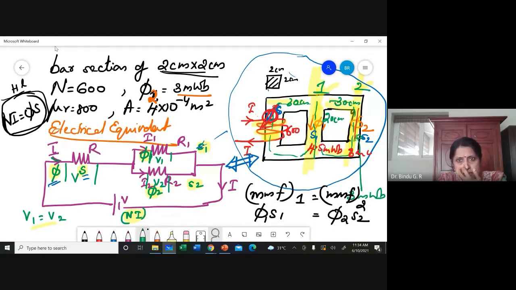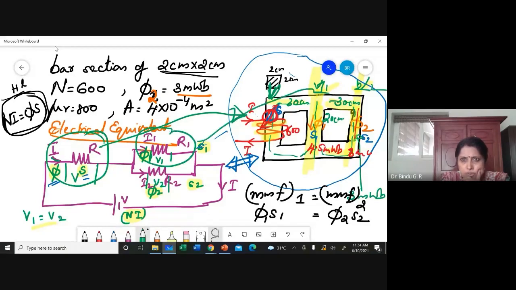So this V plus V1 or this V plus V2, as this corresponds to this portion, this corresponds to this portion, this corresponds to this portion. I hope now it is clear.